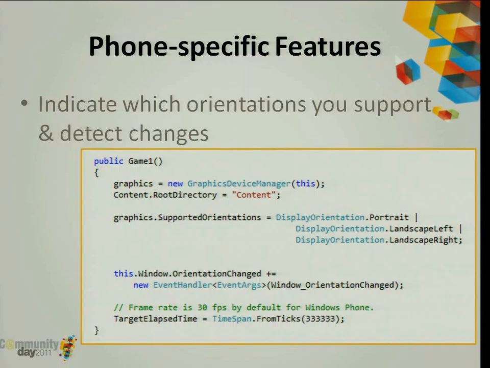You had to turn your phone to manage your way through the level. Getting to know if the orientation of your phone changed is also event-based. There's an orientation change event which you can subscribe to, and then you can handle the code to draw your game differently depending on the orientation.